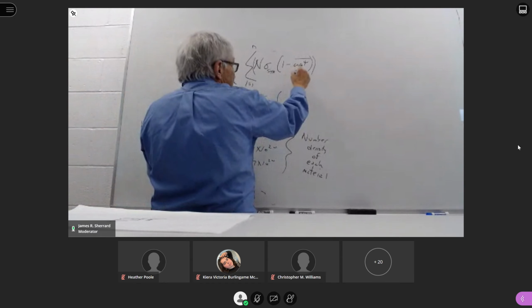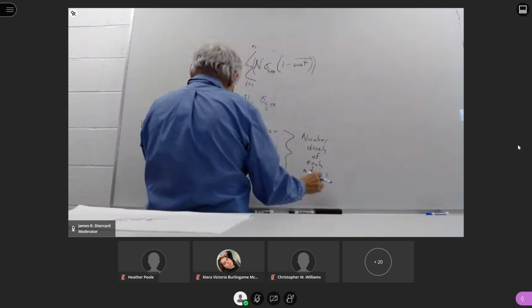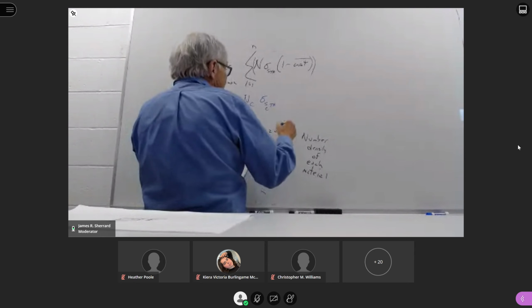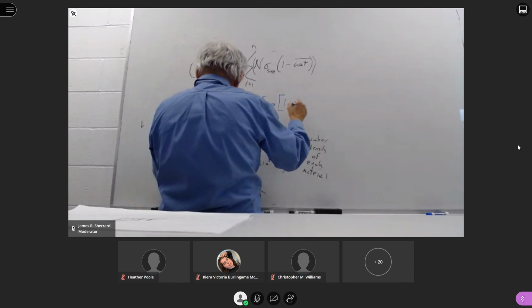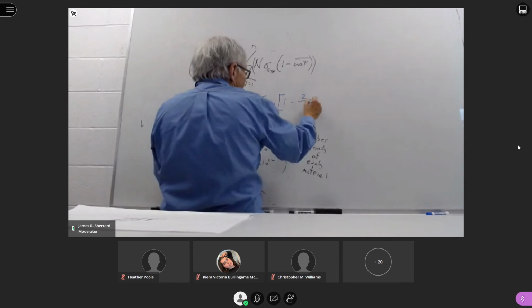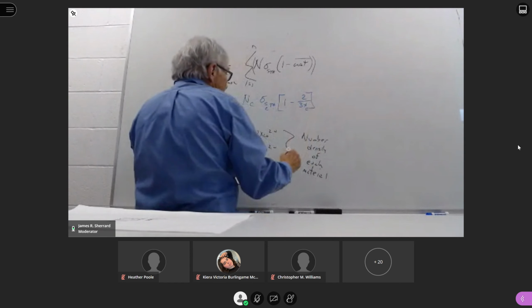This 1 minus the average value of the cosine is one minus 2 over 3A for carbon.